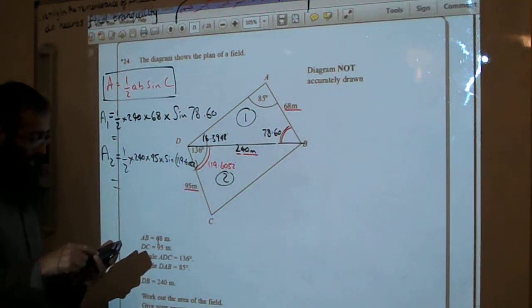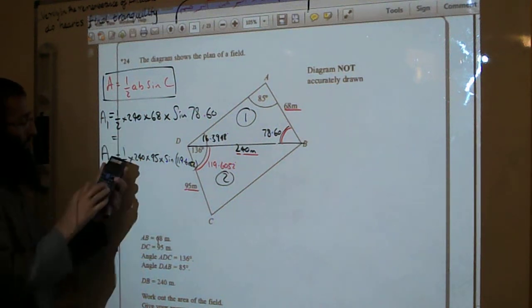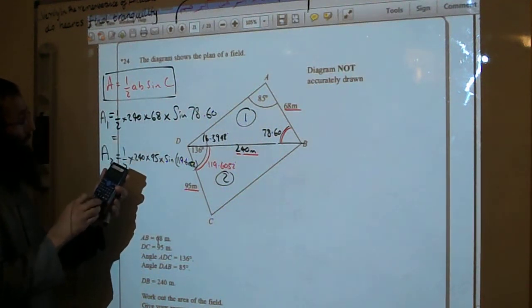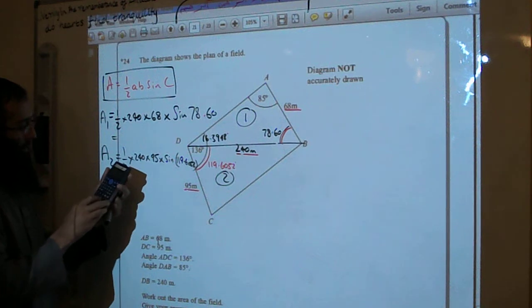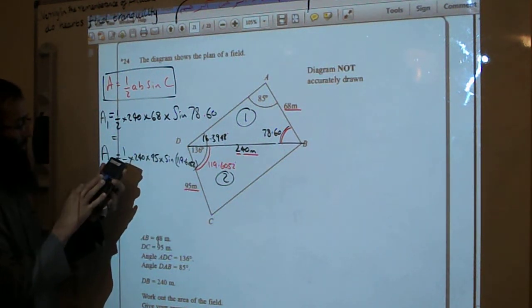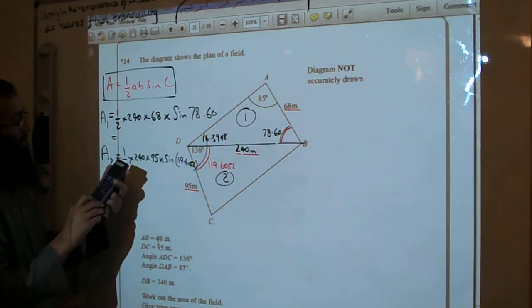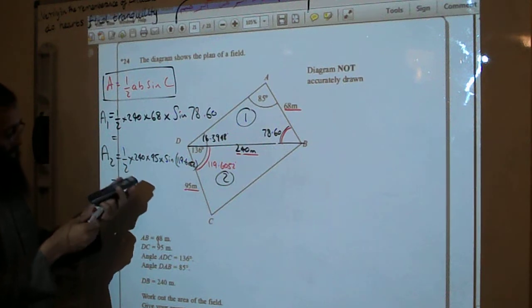Bismillah. Right, so here we go. We have 0.5, or a half, times 240 times 68 times the sin of 78.6, close the bracket, equals 7999.01.